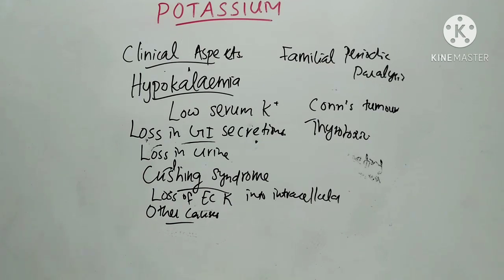Here there is a sudden shift of potassium into the intracellular fluid, and it causes paralysis. Similar is the case with thyrotoxic periodic paralysis.